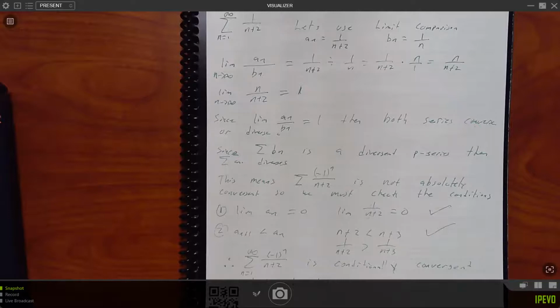I think the conditional case has the most work, but absolute is pretty quick. But diverges, if you notice, right?